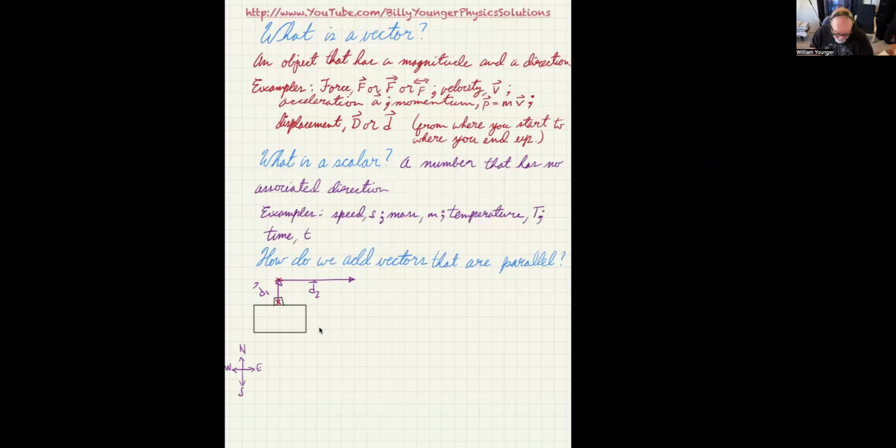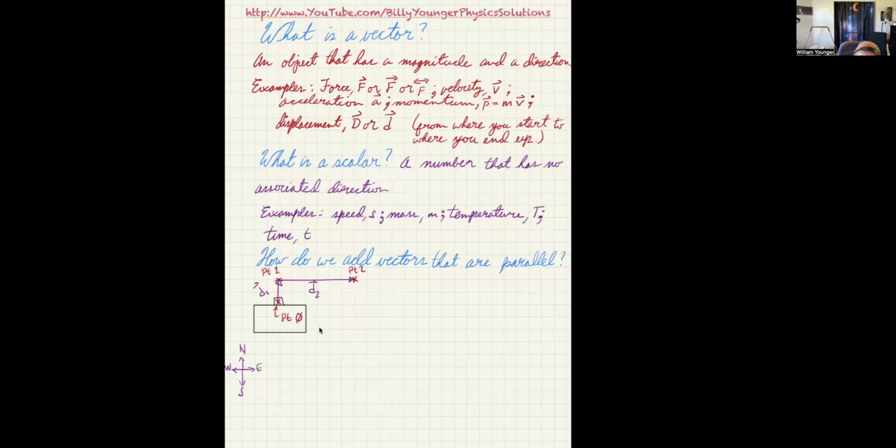And that started from the second spot where I drew an X and ended on the third spot where I drew an X, which is right there. So if you think about those two as displacements, then you could say if we reach the understanding that vector d1 plus vector d2 is the total displacement in going from point 0 to point 1 to point 2, which I could indicate like this. This is point 0, this is point 1, and this is point 2.